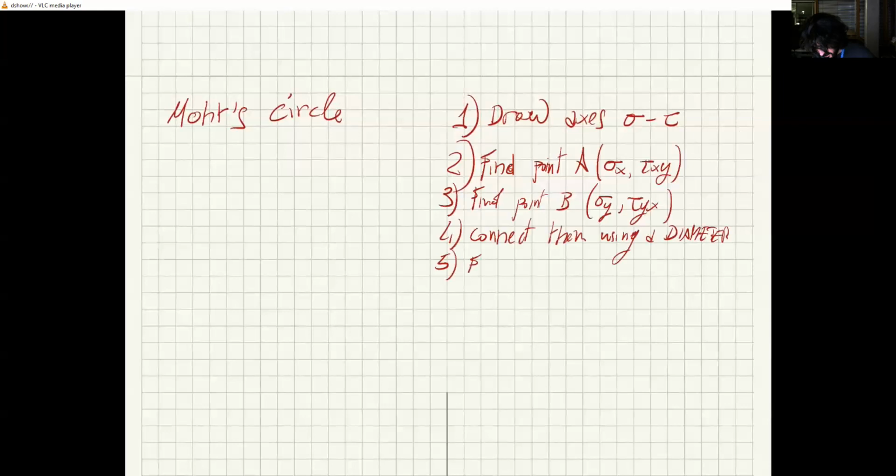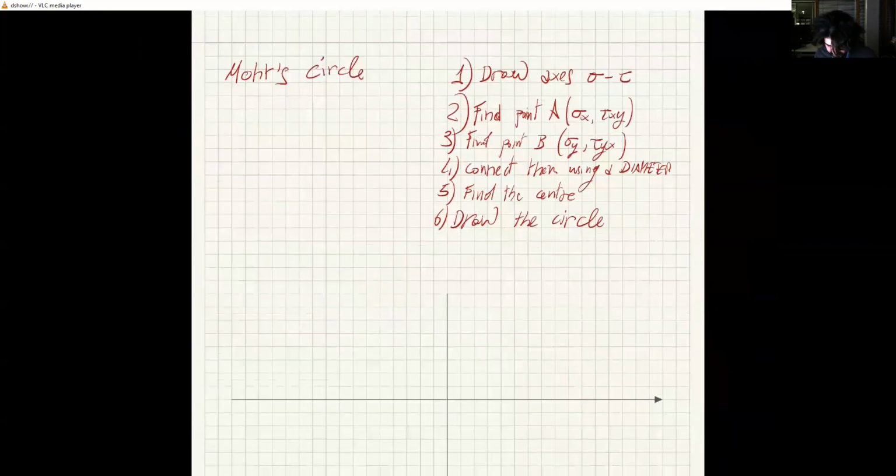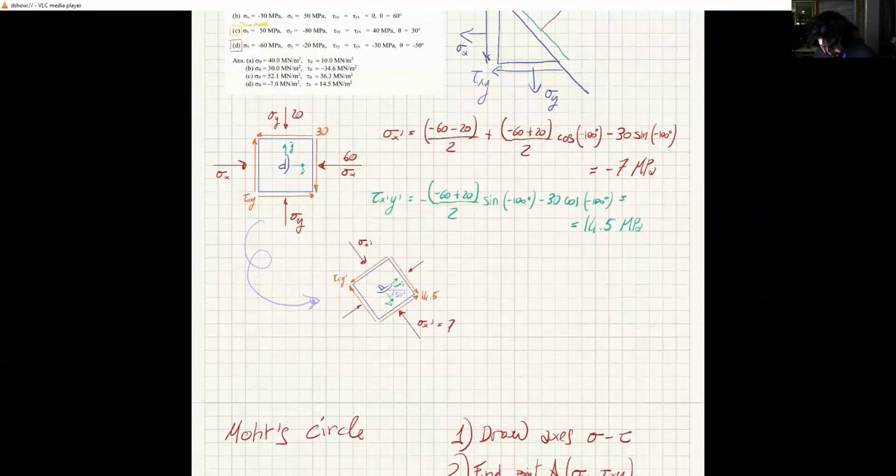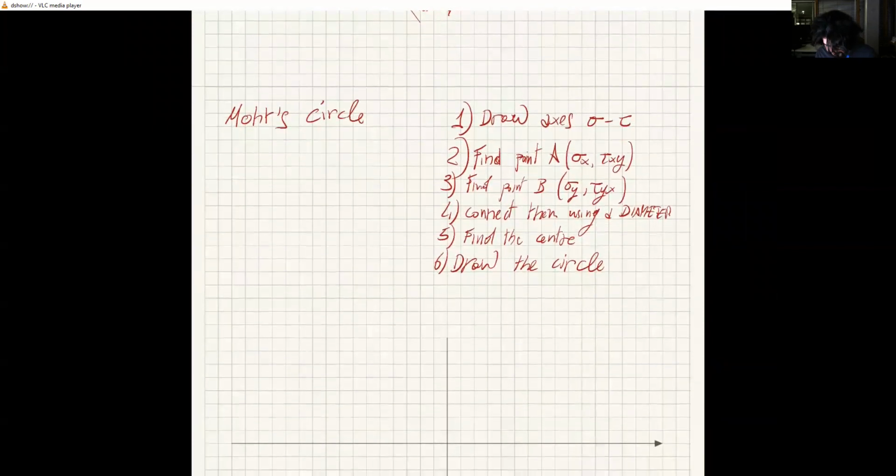Find the center, draw the circle. So these are the 6 steps. Let me do them one by one, and let's use this one that we just solved to find the Mohr circle.